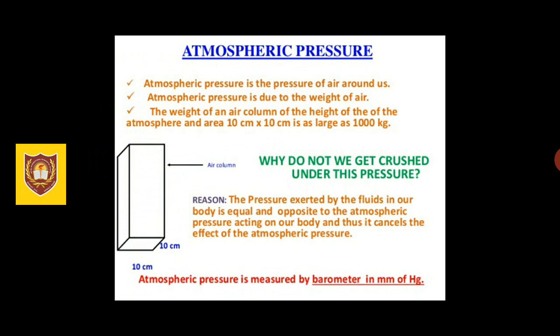It decreases as we go up from the surface of the earth. For example, the air in the tires of vehicles and bicycles exerts pressure which enables them to run nicely. Atmospheric pressure is also an indicator of changes in weather.